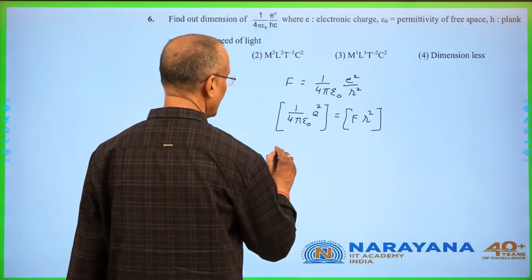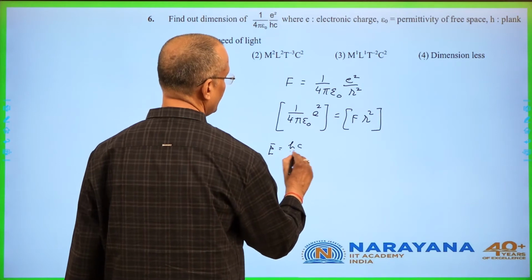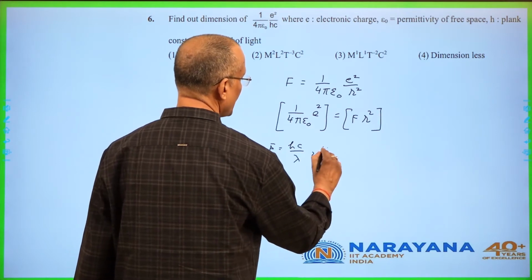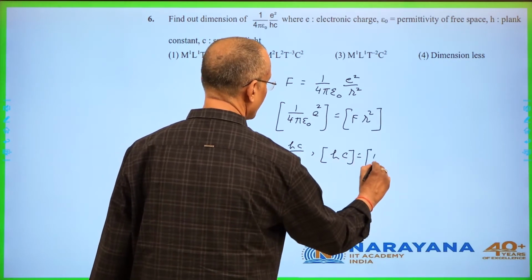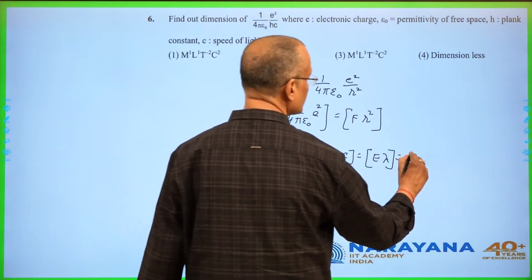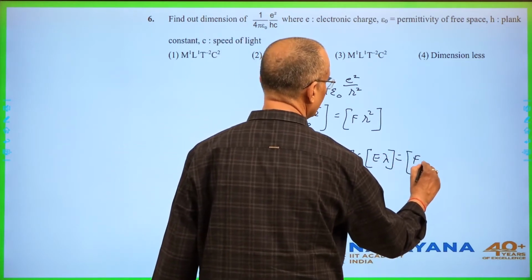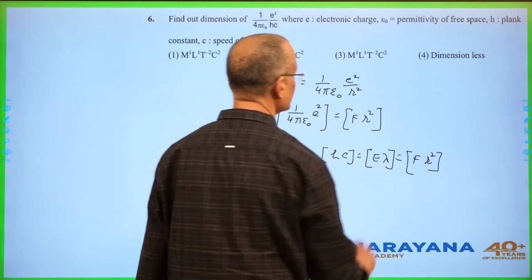Now, you are going for hc. You know that energy is hc by lambda. So the dimensional formula for hc will be that of E into lambda, and E is F r and lambda is again r, so this is F r squared.